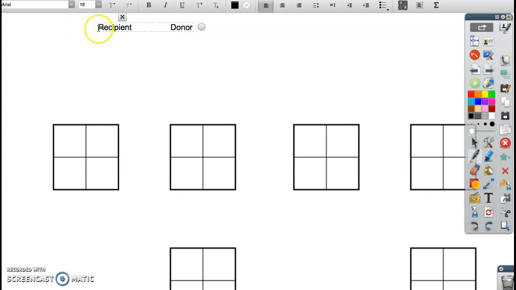And what we want to know is, would it be possible or not? Here's the thing. The recipient can't be getting any antigen or blood marker like A, B, or positive that he doesn't already have.